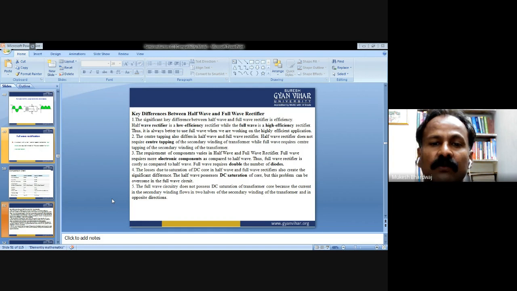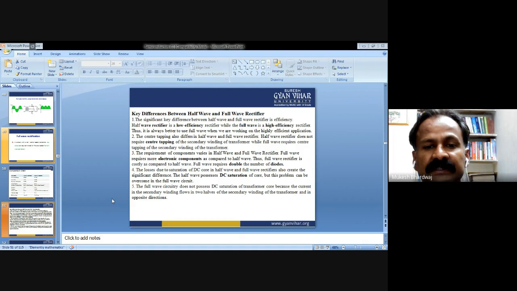Thus, it is always better to use full wave when we are working on highly efficient applications. The center tapping also differs. Half wave rectifier does not require center tapping of the secondary winding of the transformer, while full wave requires center tapping of the secondary winding.